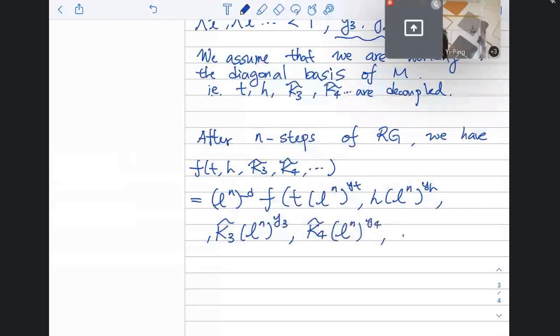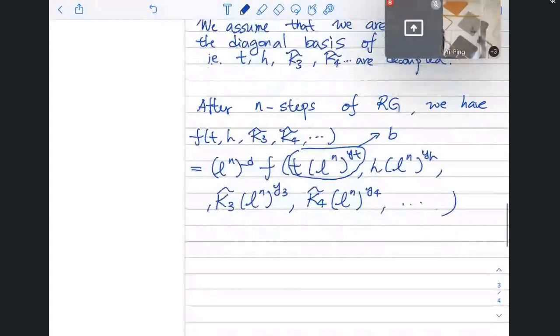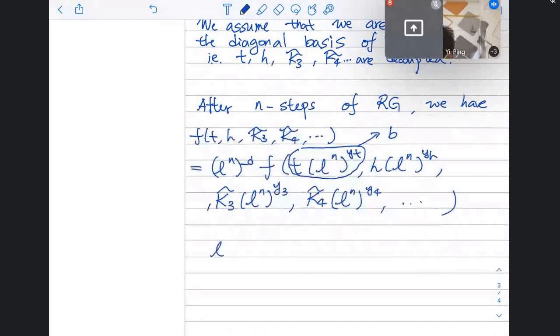So you get tons of them, and the trick is still the same. We try to identify this object with something called B, which should be of order 1. Once we do this identification, we can make the replacement that L to the n should be replaced by B divided by t to the power of yt.